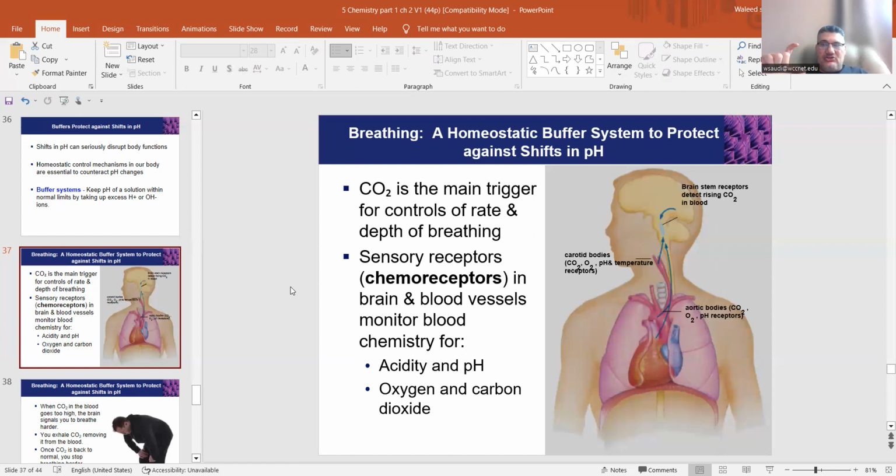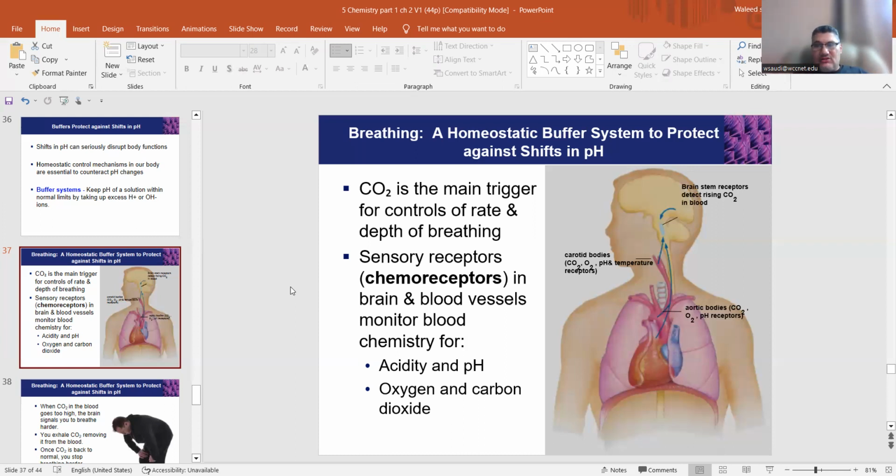What is homeostasis going to do? Yes, homeostasis is going to fix it. How? Breathe more. Did you ever notice that sometimes you go like this? You know what's happening in this case? If you're exercising, you're making more carbon dioxide. You're getting more acidity. You breathe more to get rid of it.